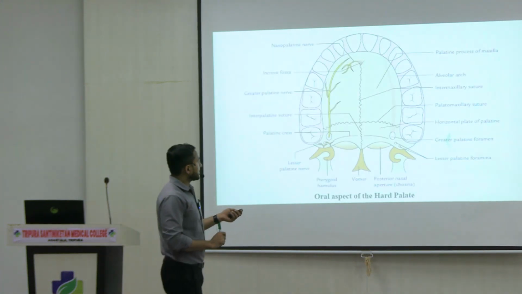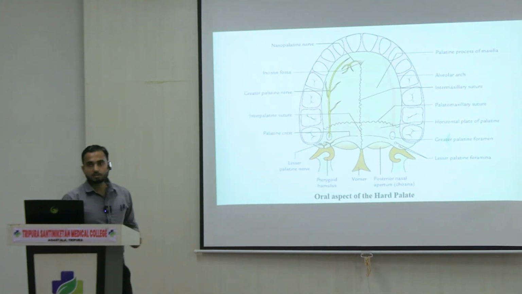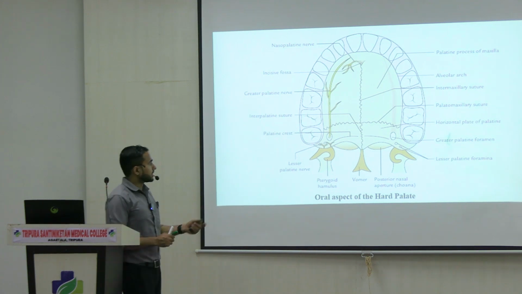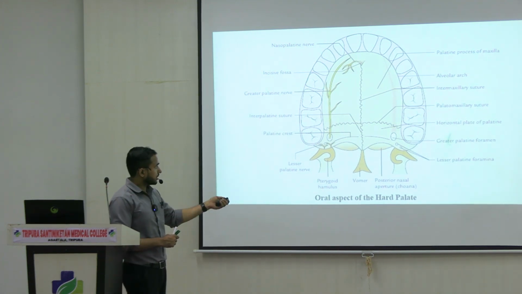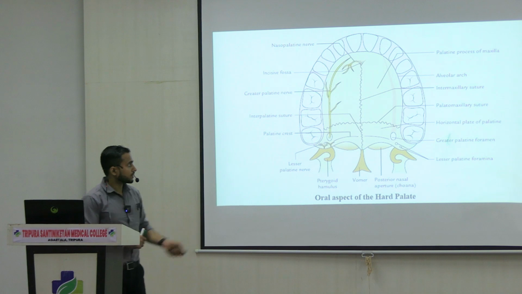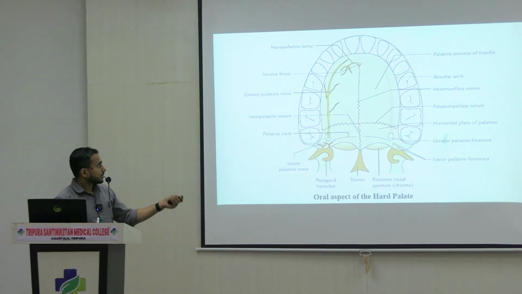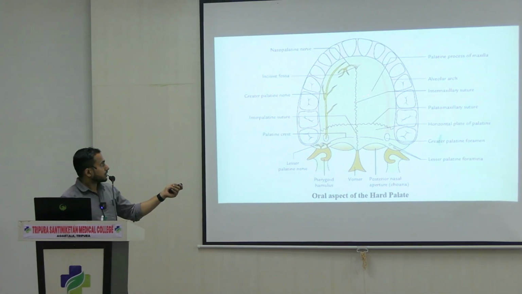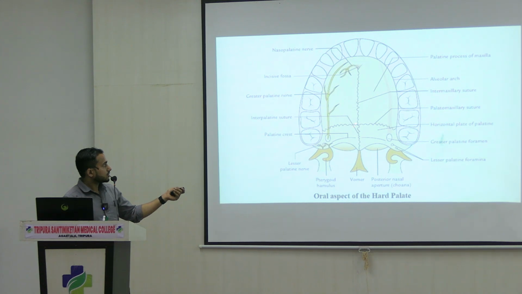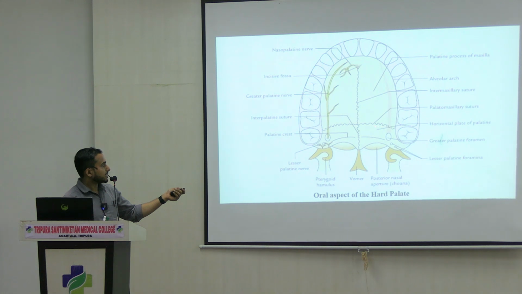So this is the hard palate. Here you can see the bones which are forming the hard palate, and you can see the sutures also. First of all, we are getting the intermaxillary suture and palatomaxillary suture.